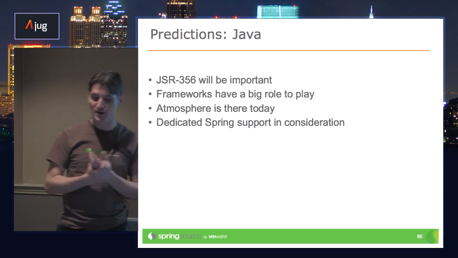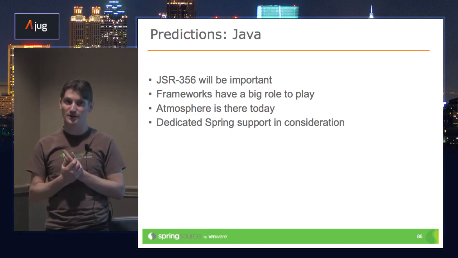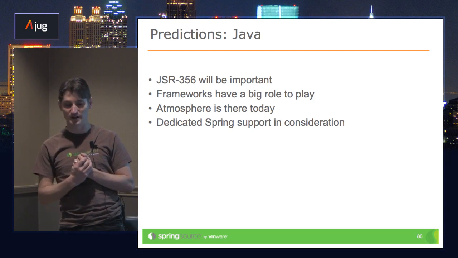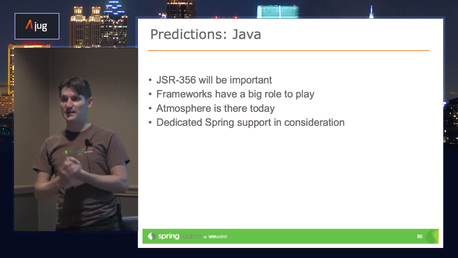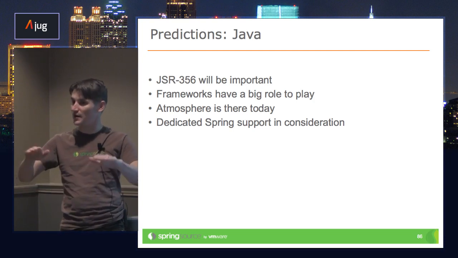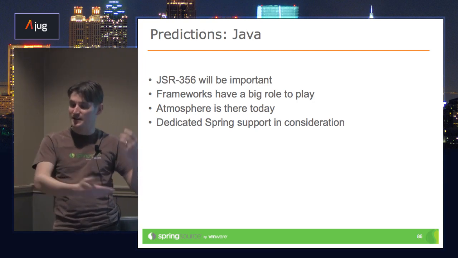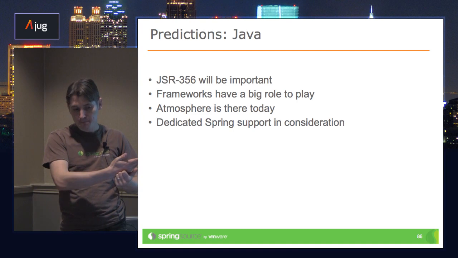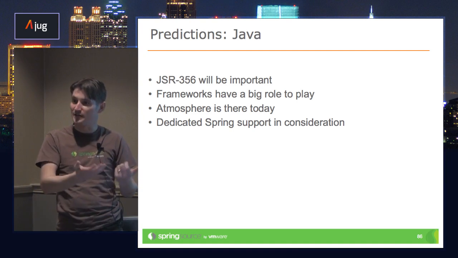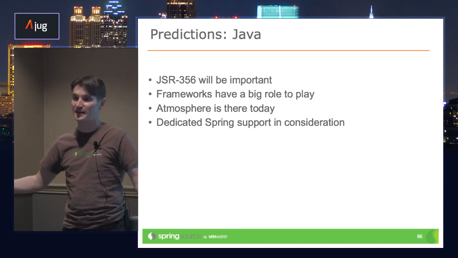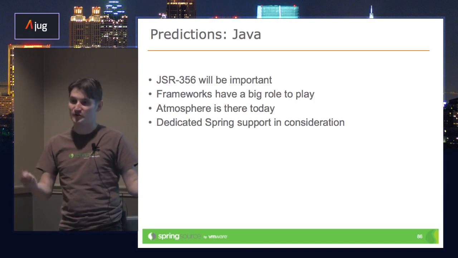In the Java world, JSR 356 is certainly important to keep track of. Probably everybody will standardize on that level. The question will be, as I mentioned, that it's such a low-level API, in the sense that, as I said, you may not use WebSockets directly, that it will behave almost a little bit like the Servlet API.